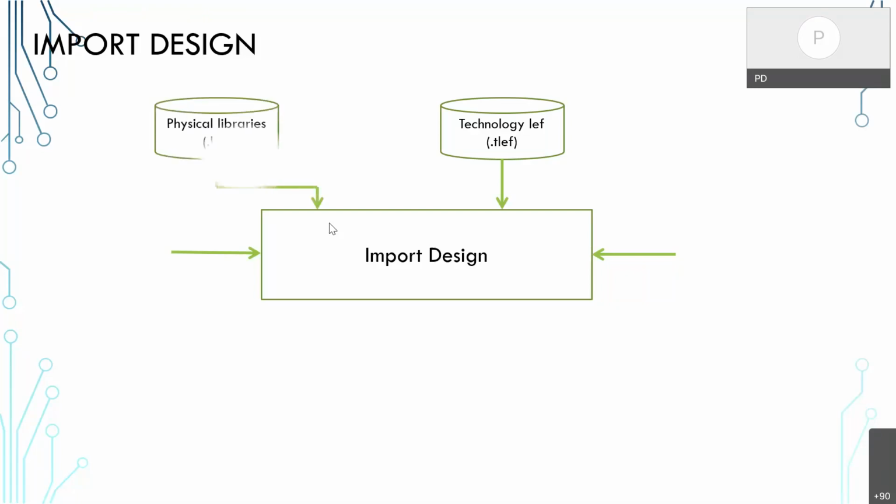Then comes our physical libraries, that is, we term it as dot LEF. LEF stands for Library Exchange Format. By physical library, we mean we will be using standard cells. By standard cell, I am referring to all our basic logic gates. We cannot keep on fabricating all this from scratch each time.